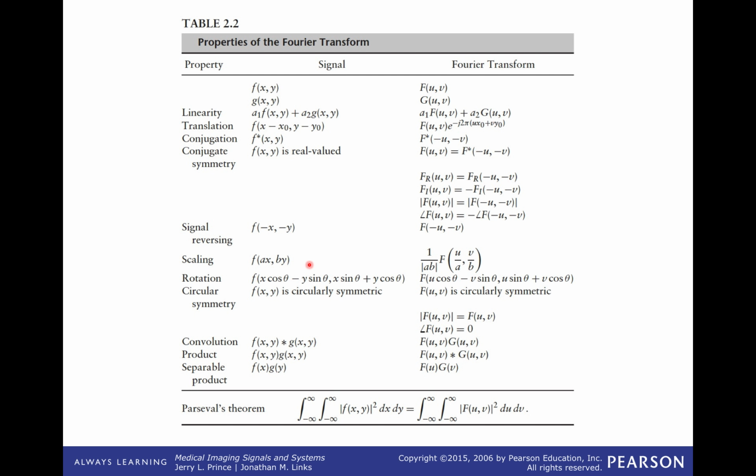Reversing, scaling, you can look at these. This is the one that is tremendously valuable and useful. And I mean, they're all valuable and useful, but this is the one that's used all the time, and it's the convolution theorem. And that is, if two functions are convolved in the spatial domain, or in one domain, then in the Fourier domain, you multiply their transforms, right?